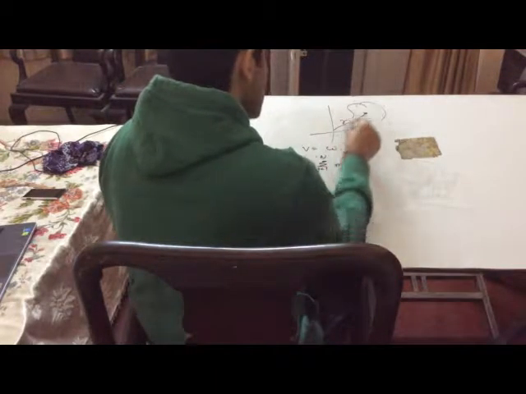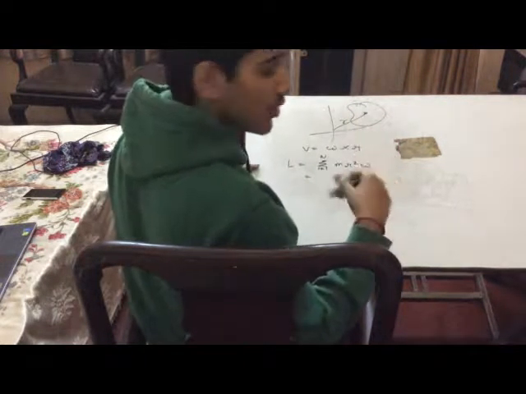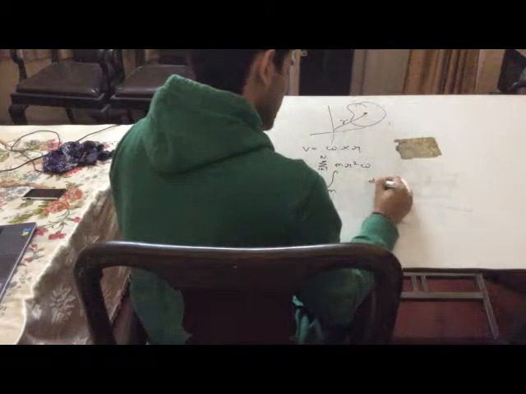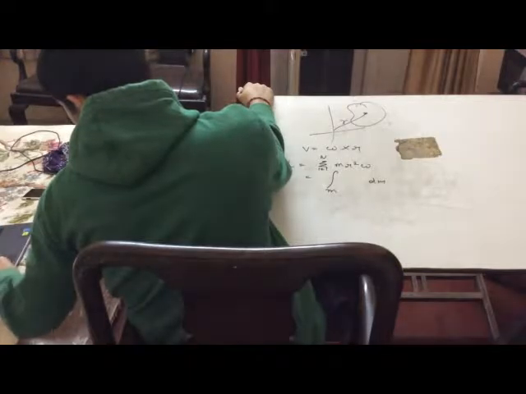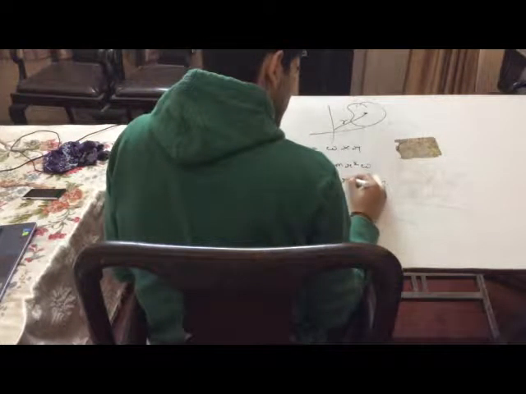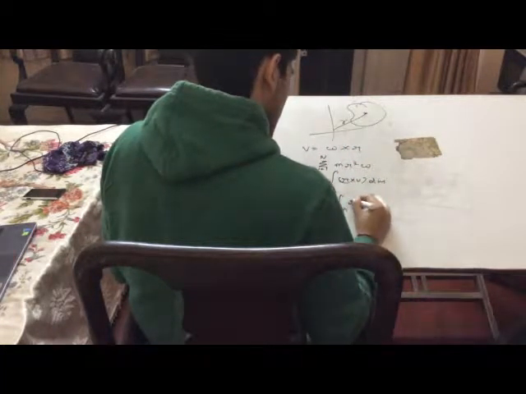Since it is a continuous body, the mass is continuous, not discrete, so it will be an integral over dm of r cross v.